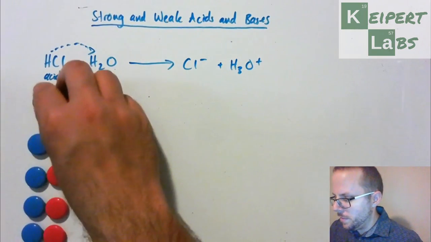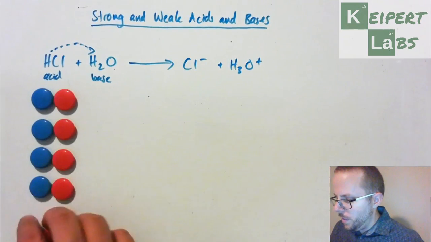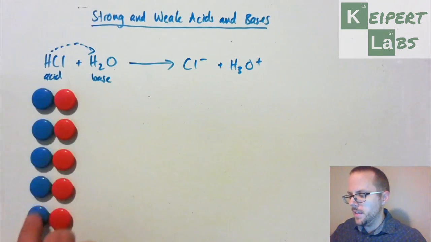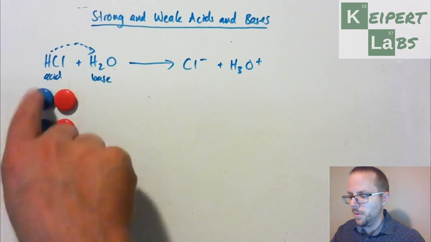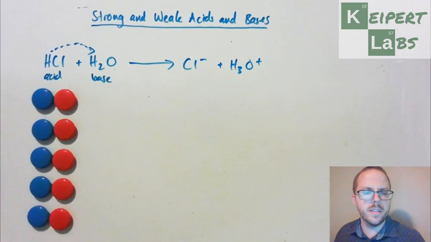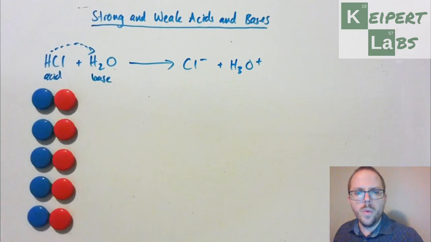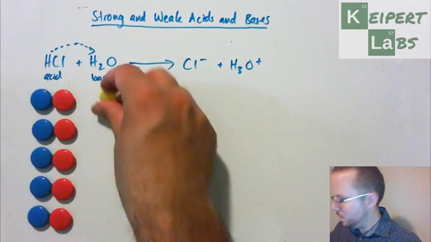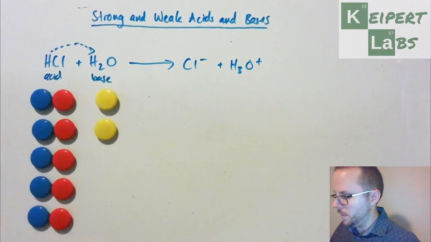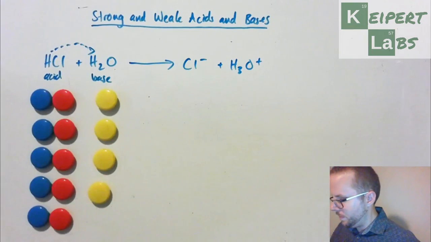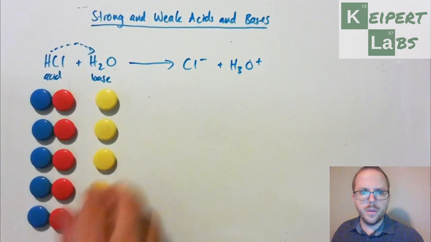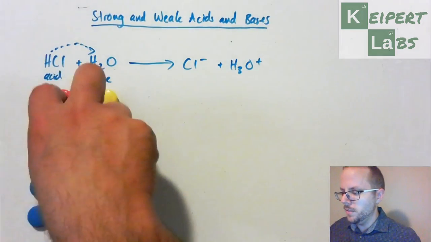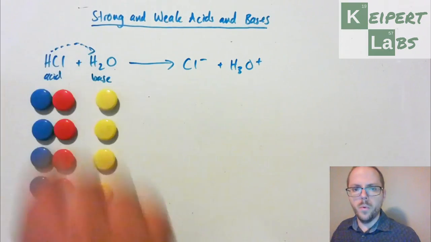Let's say that the blue represents our protons and the red represents the Cl part, the H and then the Cl. And I'll use some yellow ones to represent water molecules, just to help the visualization. Realize all of a sudden we've got all these colors going on, so bear with me. Every molecule of HCl will donate its proton toward a water molecule.